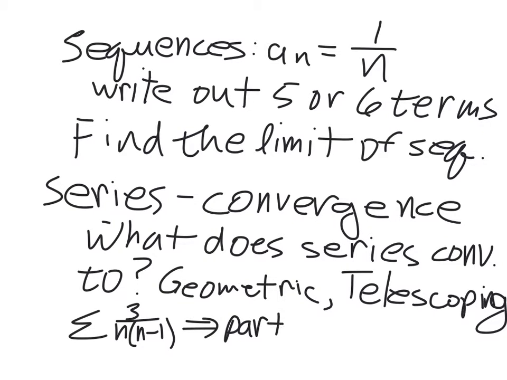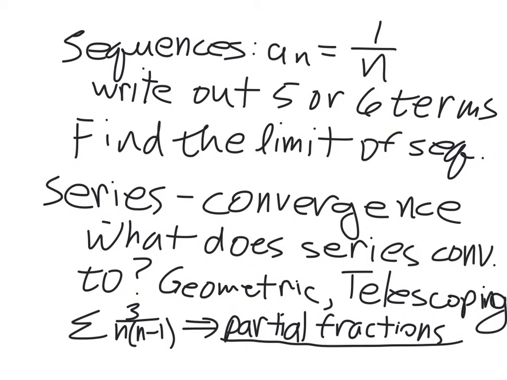So make sure you get it in that partial fractions form, and then from there, see what it converges to. Telescoping sums pretty much always converge. It's just a matter of finding what it converges to that is the tricky part. And the most work on that are the partial fractions.